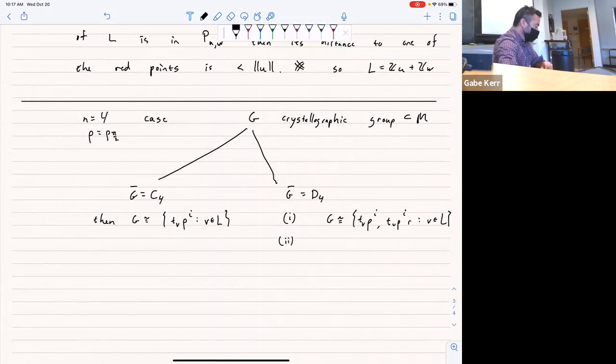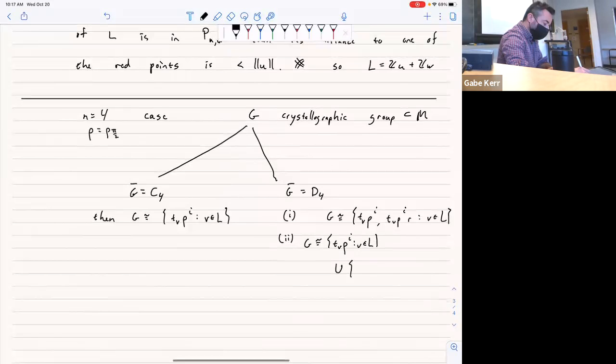You can have something more interesting. And this is where you see glide reflections starting to pop in. Here you will still have the point group corresponding to the orientation preserving part, so you'll always have this in here. But now you don't have this kind of reflection. You have T_u rho^i R. So this is necessarily a glide reflection.